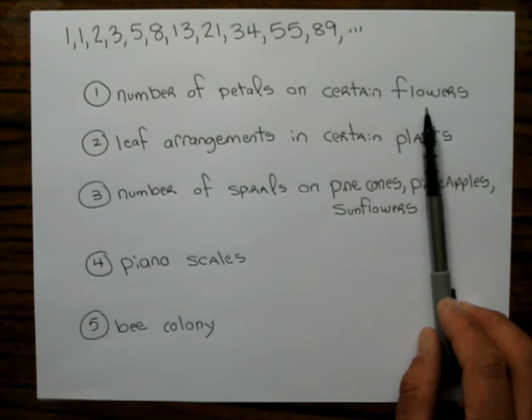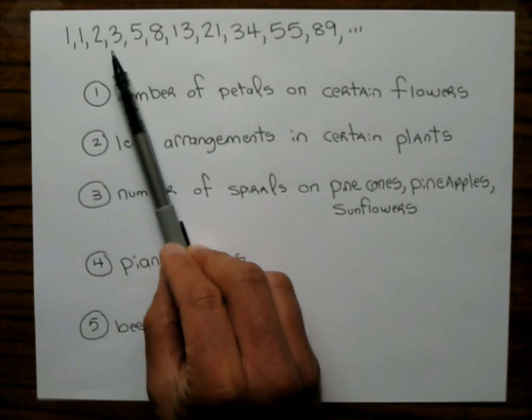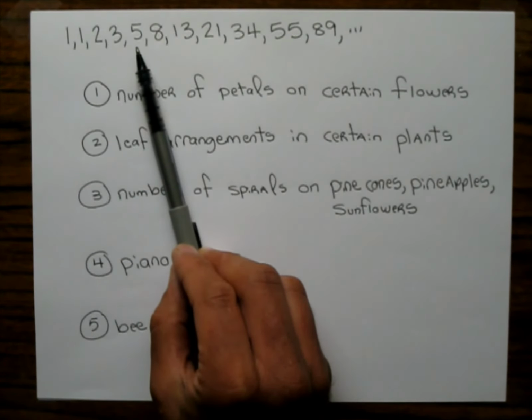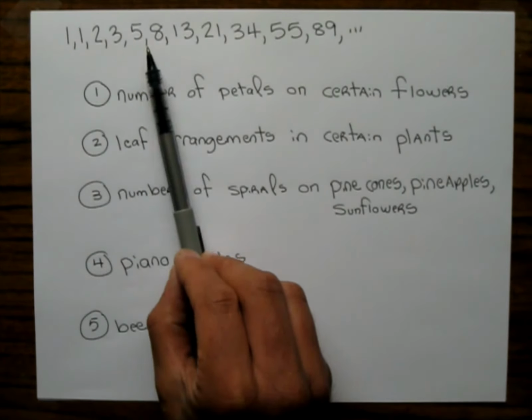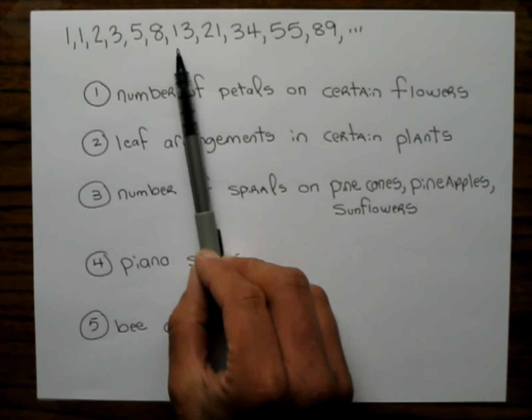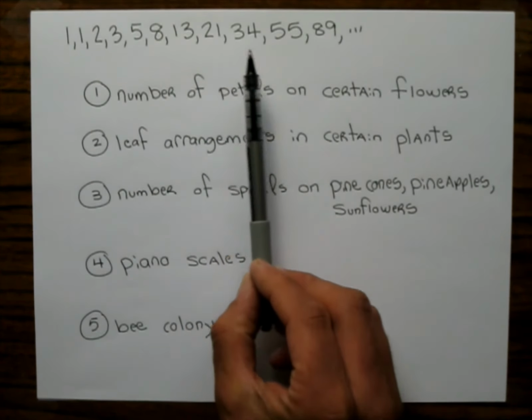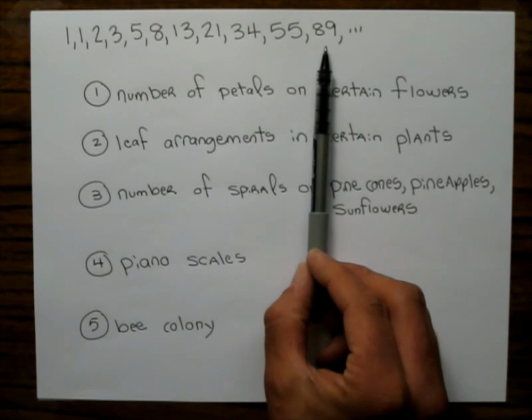So I read that lilies and irises have 3 petals. There's a 3 there. Buttercups usually have 5 petals. The marigolds have 13. Daisies usually have 21, 34, 55, or 89.